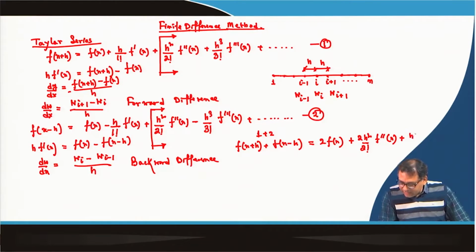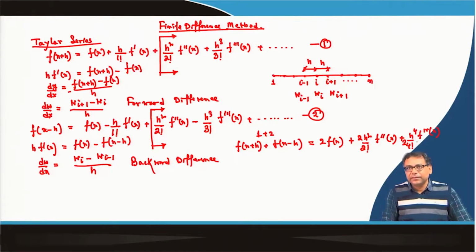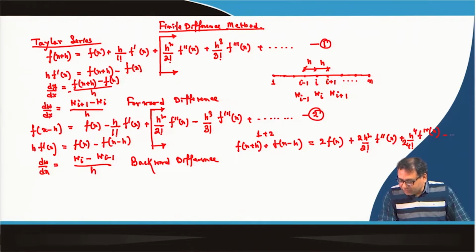So, there will be h to the power 4 over 4 factorial, and again this will be 2 f4(x), and so on.